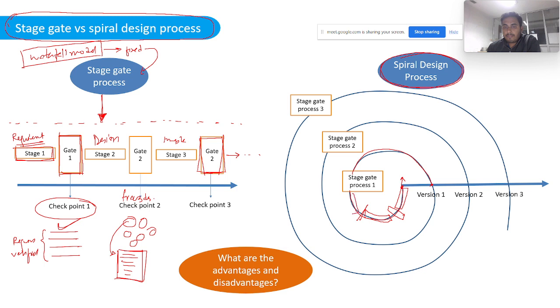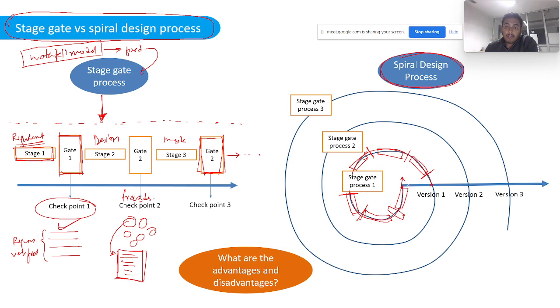Hopefully it's easy to understand. If we stretch this particular spiral design, it will again represent one linear stage gate process.